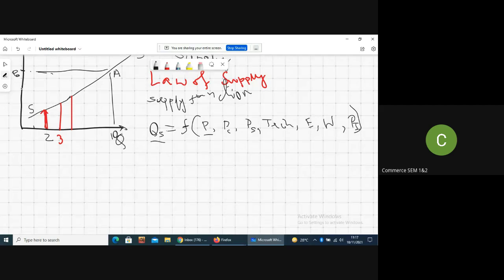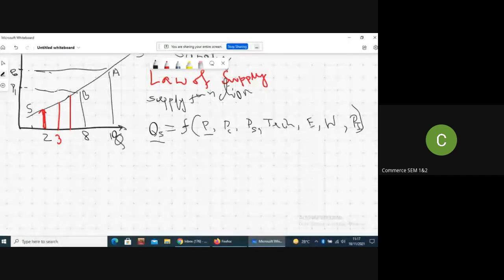Now for a lower price P1, say the quantity is somewhere here. Say this is 8. Say you are at point B. So for a change in the price of this commodity itself, the supplier is moving from point A to point B along the supply curve.